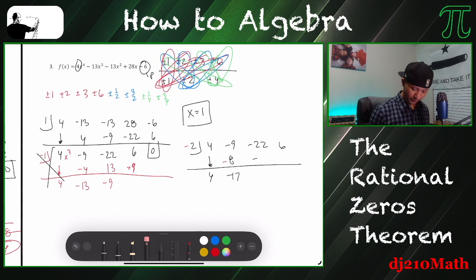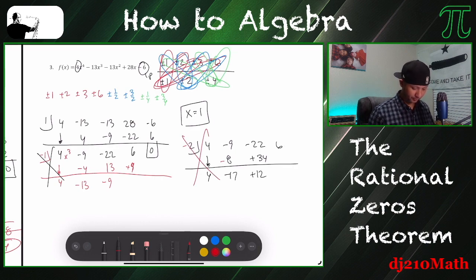Right, positive 34. So when you add, this is going to be 8 plus 4, positive 12, which times 2 is going to be way more than 6. So this doesn't work either, is what that comes down to.